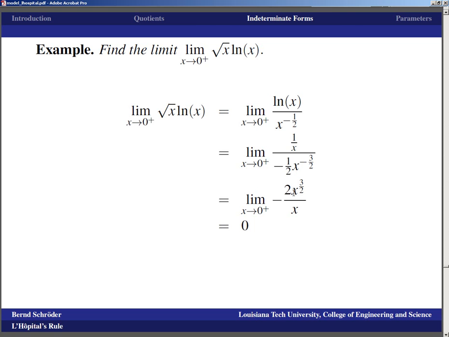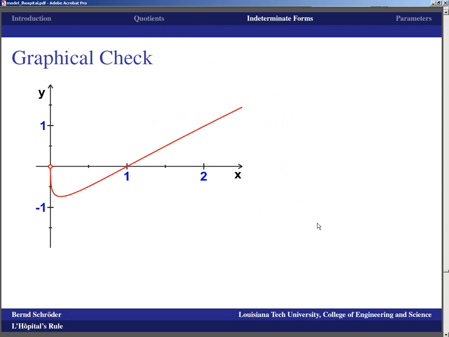This is the limit as x goes to 0 of negative 2 x to the 1/2, right? And then that ends up being 0. And that's indeed what the function does. Look at this. The logarithm really tries to pull the function away, and then at the last minute, the square root pulls it back to the origin.